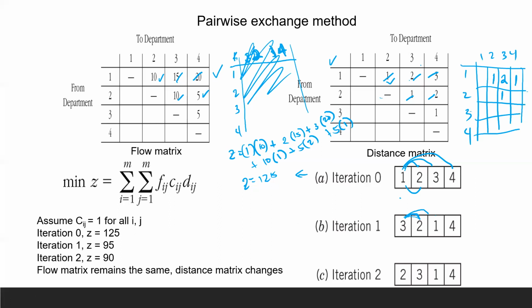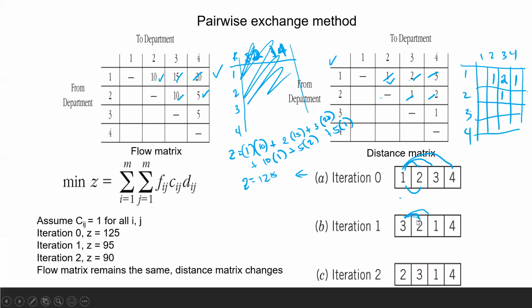Okay, paano naging 1 to 1? Ito po tayo, iteration 1. So, dikit siya, ang layo niya is 1. 1 sa 2, 1 yung layo.